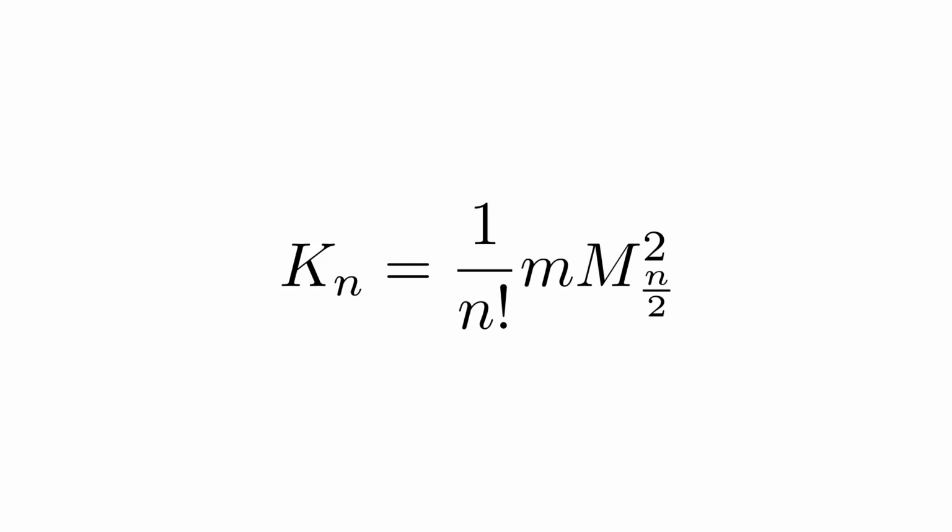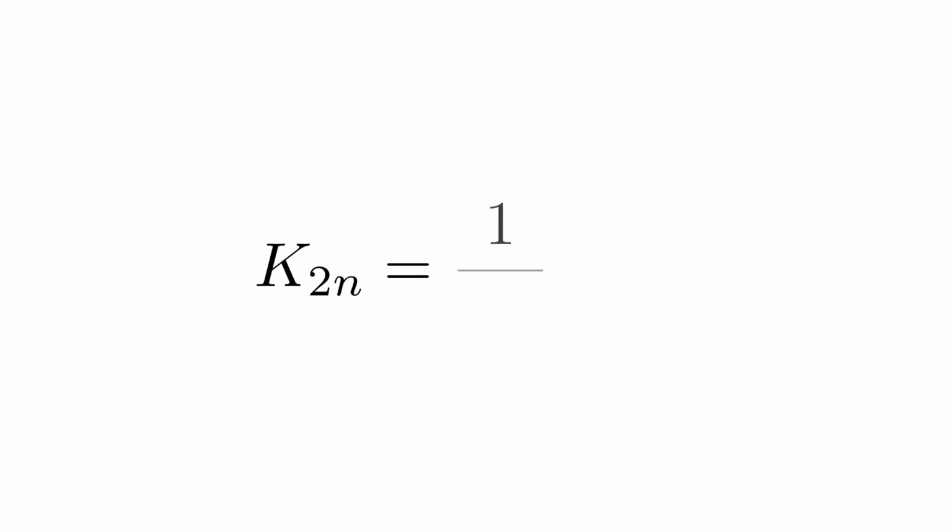If we plug 2n into the formula, we get the formula for the kinetic energy of a motion of order n, which is energy of order 2n equals 1 over 2n factorial times mass times motion of order n squared.